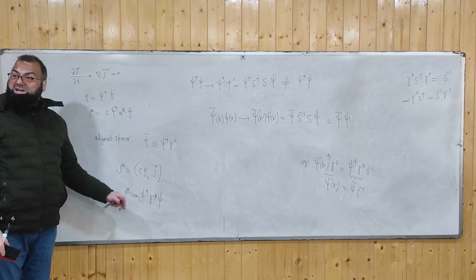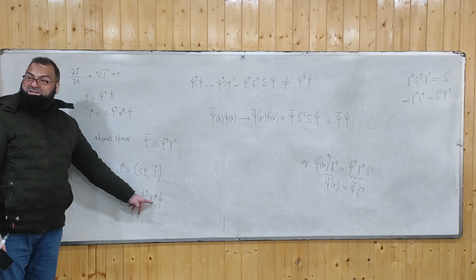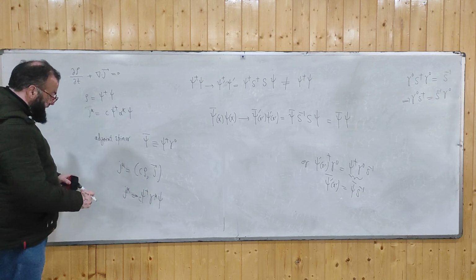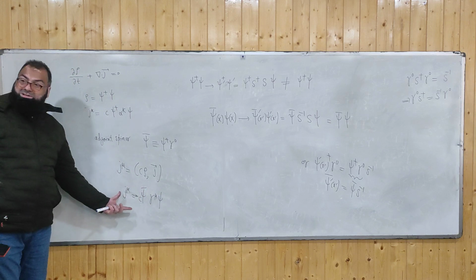Now let's take J0, it will be gamma 0. Sorry, it will not be psi dagger, it will be psi bar. So J mu is defined this way.